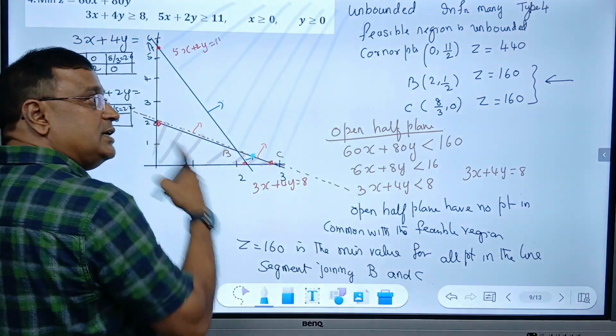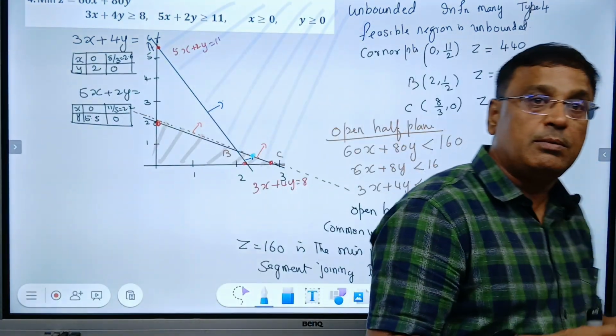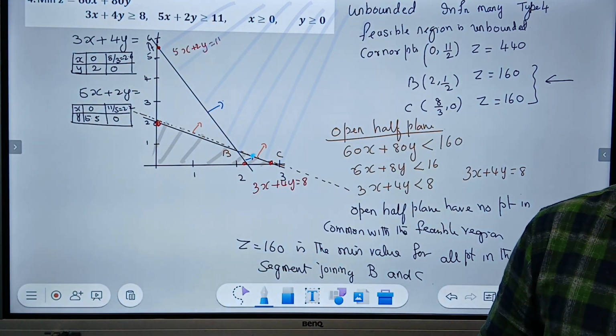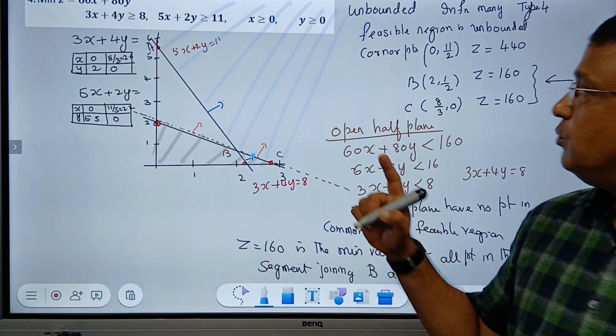So it has infinitely many solutions. Previous problem was unbounded unique solution. This is unbounded infinitely many solution. I hope this is clear to you.